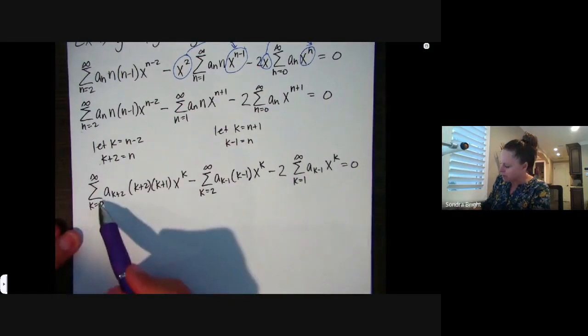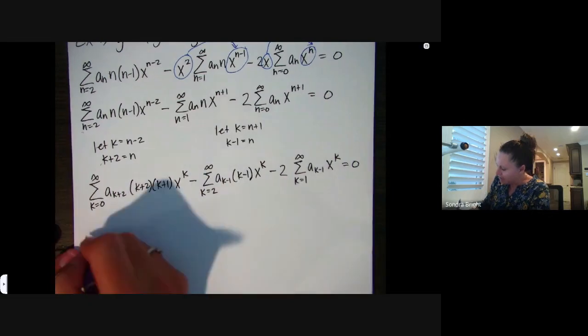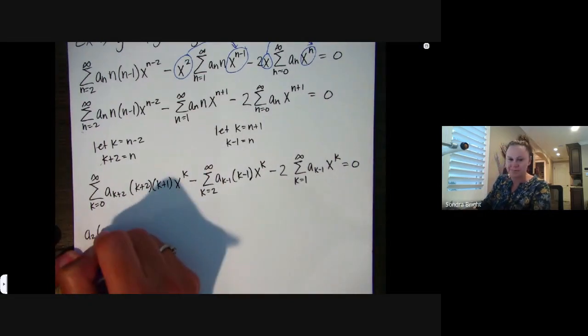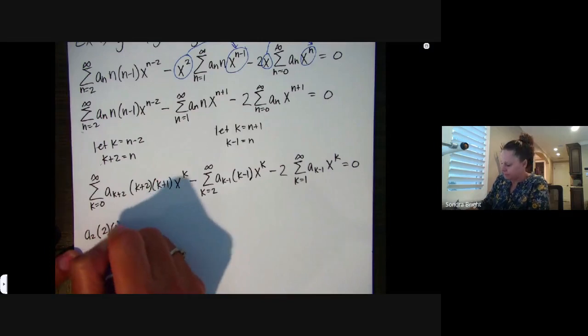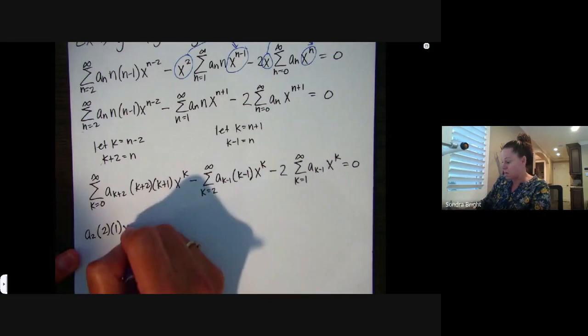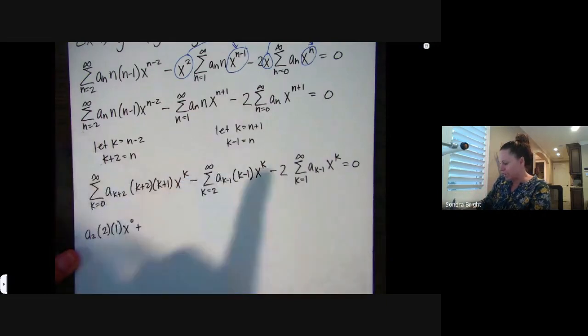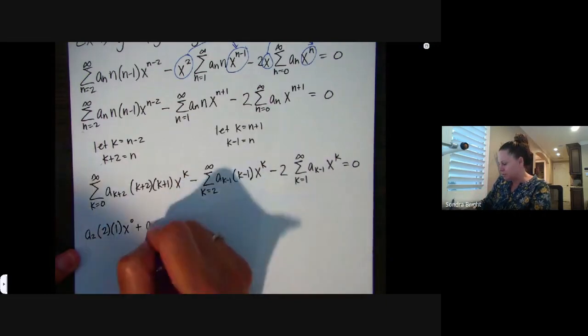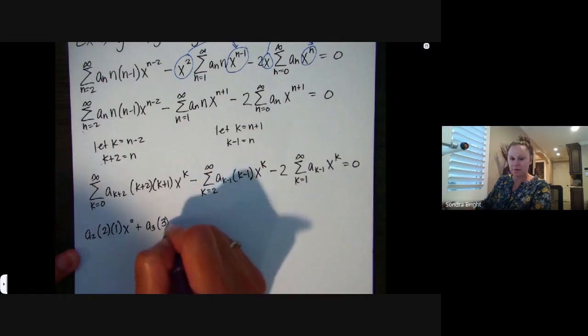So starting with k equals 0, that would be an a2 times 2 times 1 times x to the 0, plus, now plug in a 1, and you would have a3 times 3 times 2 times x to the power of 1.